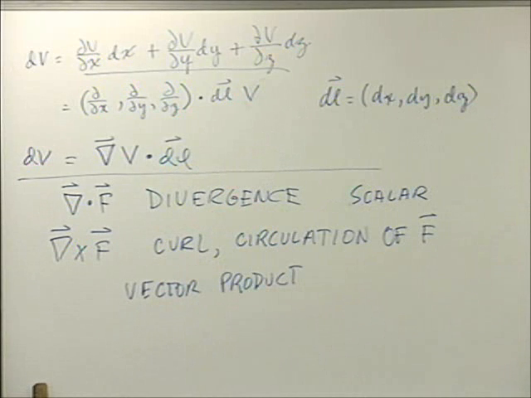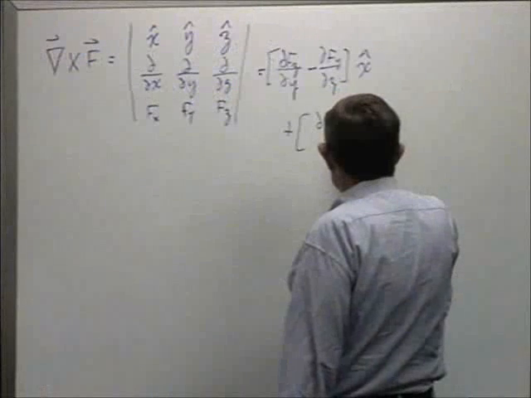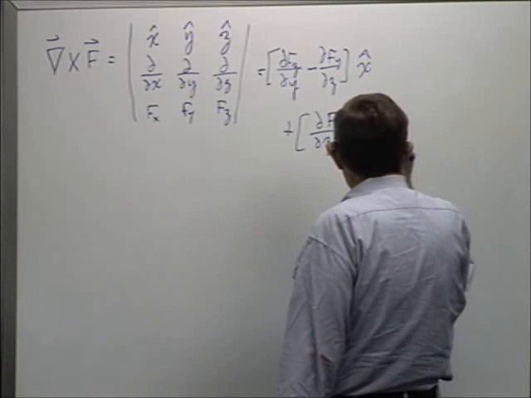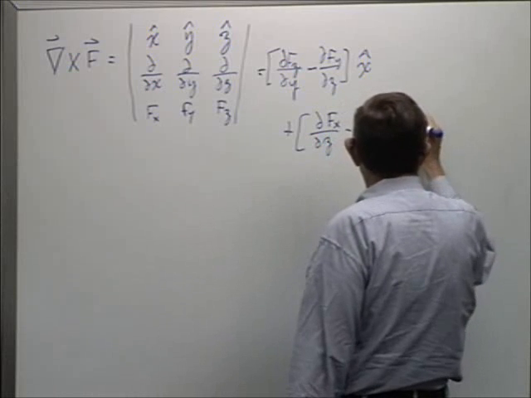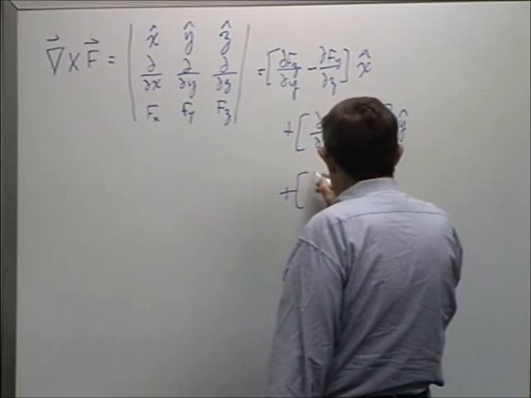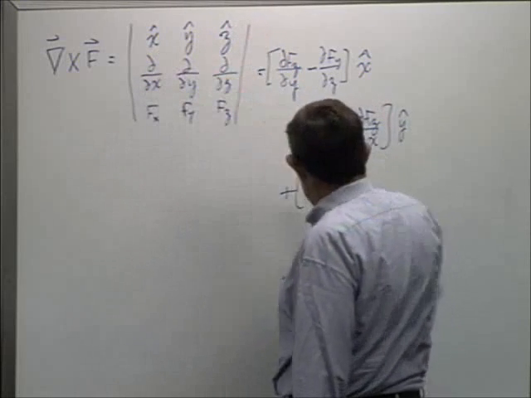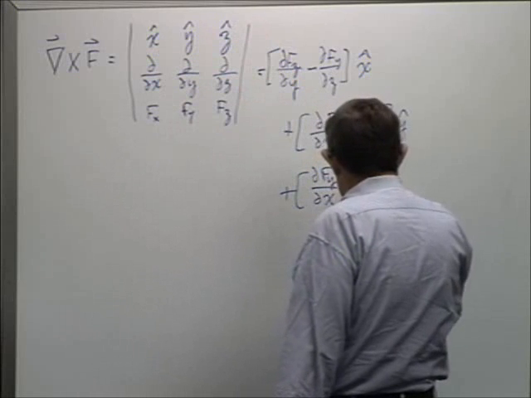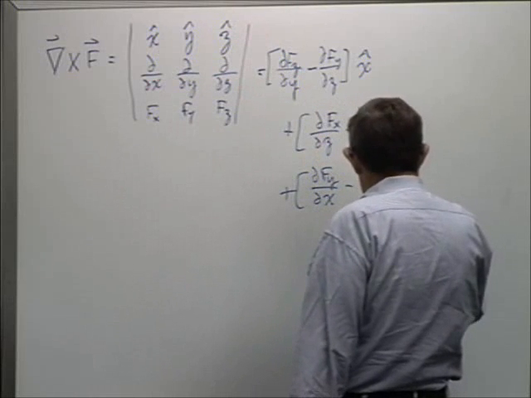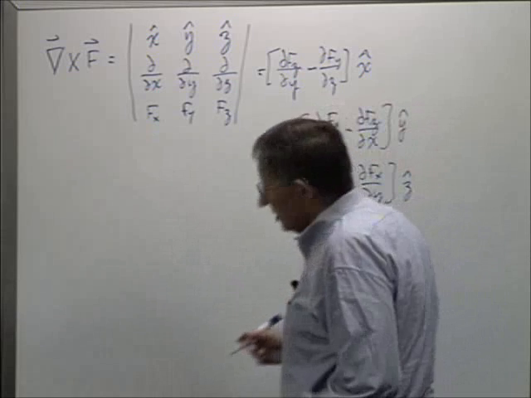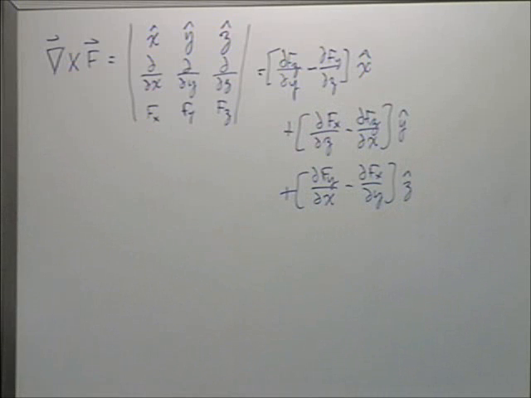So you could do the component along y, and it would be the change of fx with respect to z minus the change of fz with respect to x, and that would be along y. Take the z component, it's the change of fy along x, minus the change in fx along y, and that's the z component. So given any vector, all you have to do is evaluate that to get the answer.